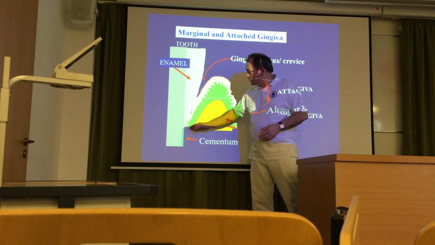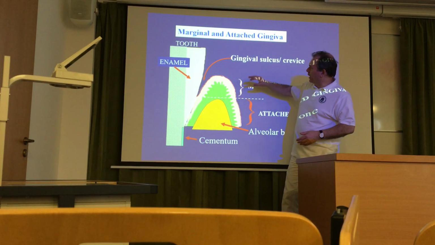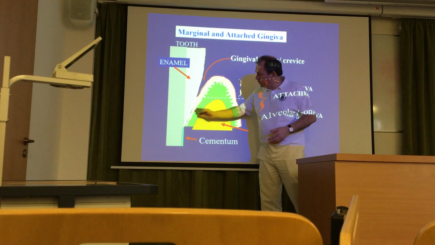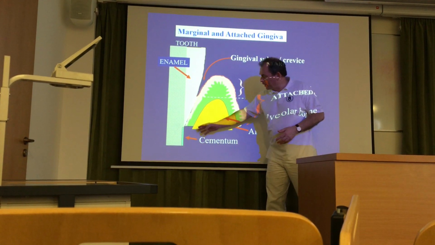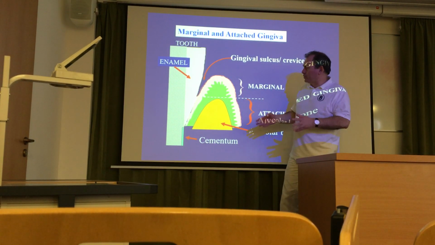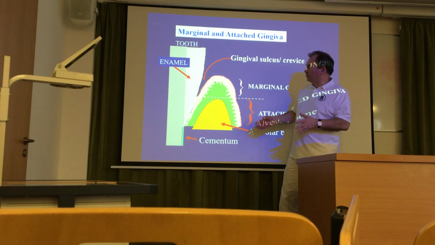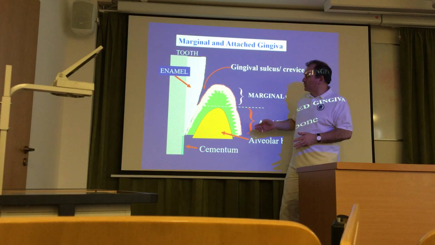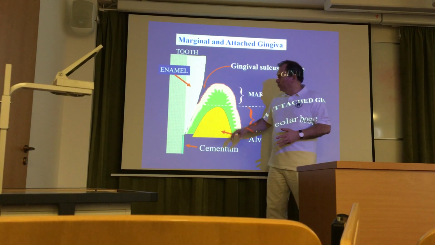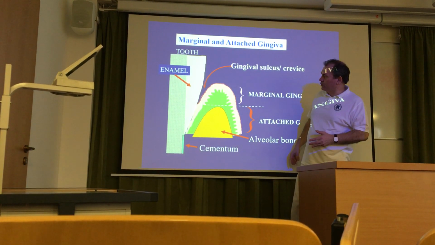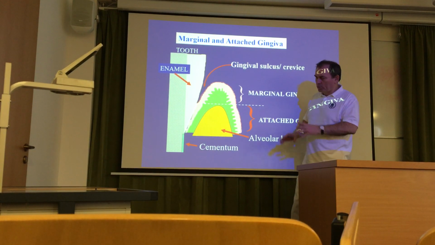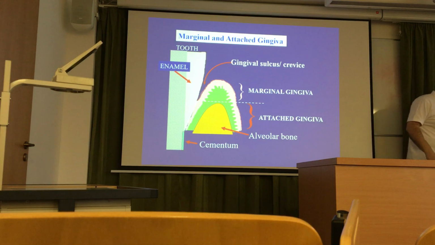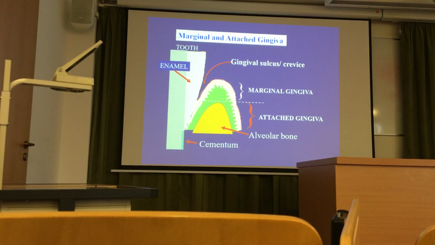But in older persons the junctional attachment migrates toward the apex. Sometimes you have disorders of the periodontium, periodontal disorders, gingivitis, and periodontal bone loss, which may cause gingival migration to the apex, and the whole attachment of the tissues is weakened by this.